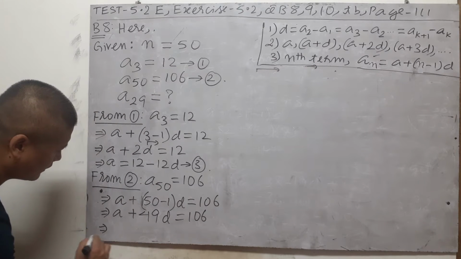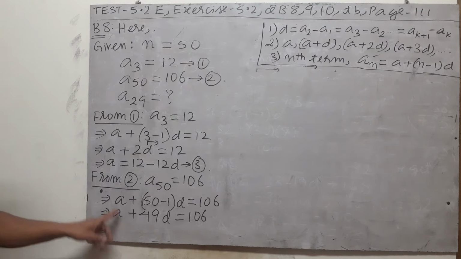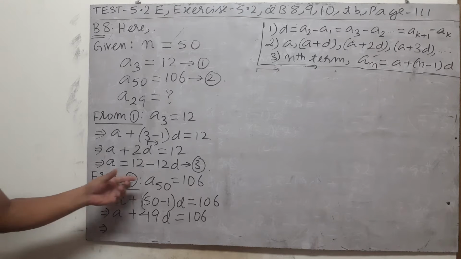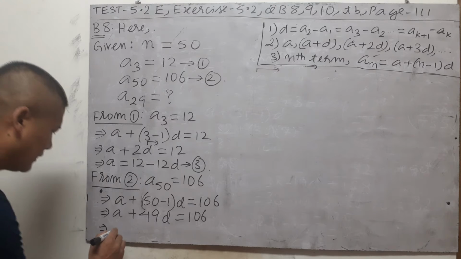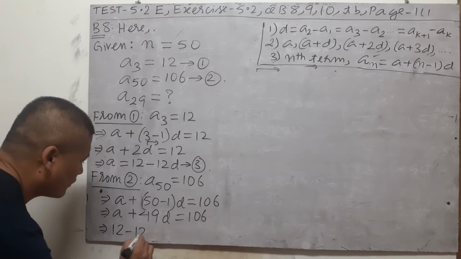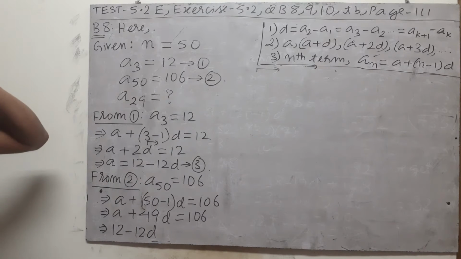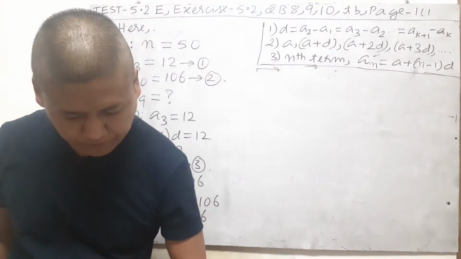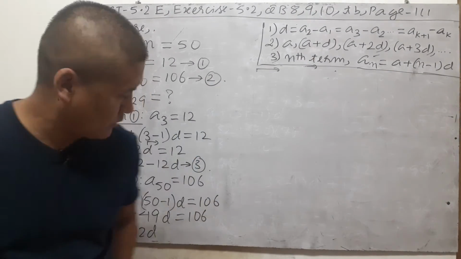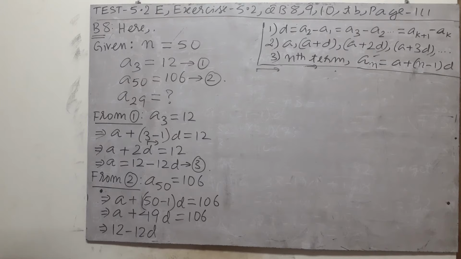So that implies, now we can replace this A, which is the same as the first term, by this value 12 minus 12D. Okay, the third term is 12. Yes. Okay, so here, oh sorry, we made a mistake here.